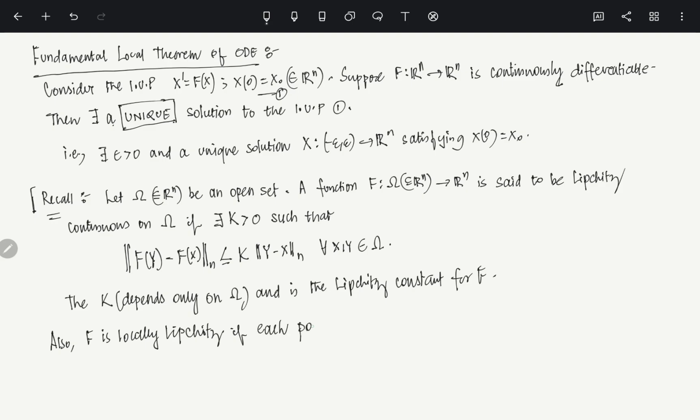If each point in omega has a neighborhood, let's say omega prime, which is a subset of omega, such that when you restrict F to omega prime, it is going to be Lipschitz.